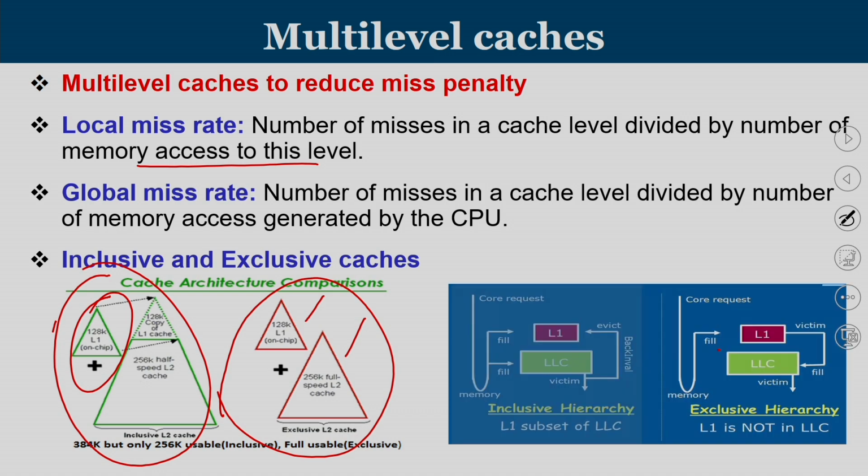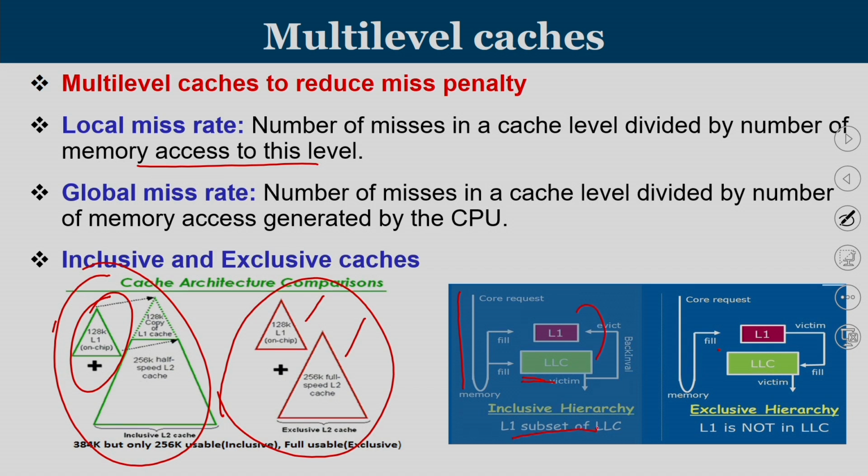This is yet another way of looking at an inclusive cache hierarchy. Whenever we get a core request, the request goes into L1, and whenever it is missed, you go into L2, that is called the last level cache. And whenever a block is to be evicted, you are evicting from L1 into L2.